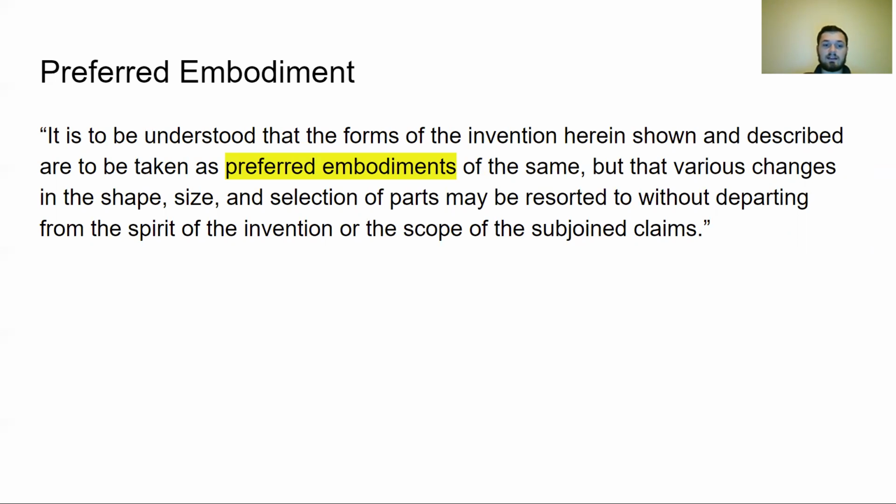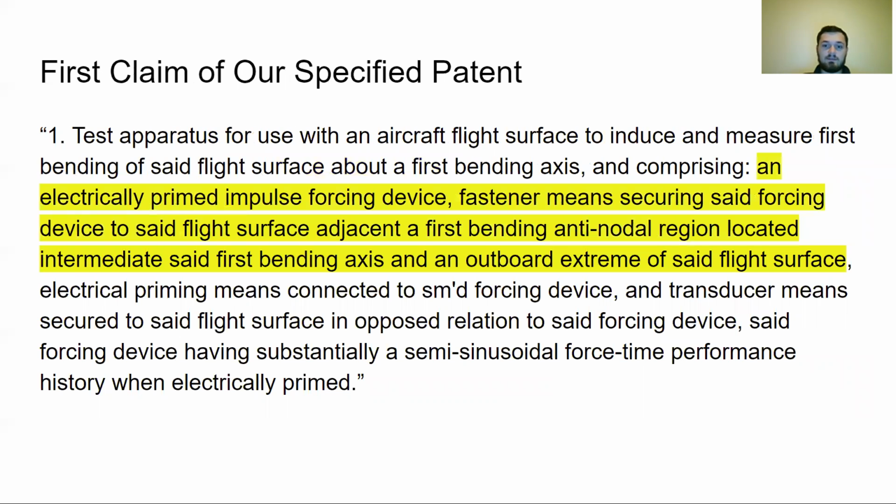That is reflected in the first claim of the patent, which you can see here. It discusses the first claim of the test apparatus, and says that in order to measure the bending of the flight surface about a first axis, it's going to use an electrically primed impulse forcing device. It doesn't say anything else about it, just that it has to be mounted in an antinodal region on an outboard extreme of the said flight surface.